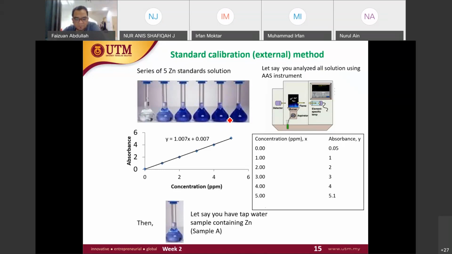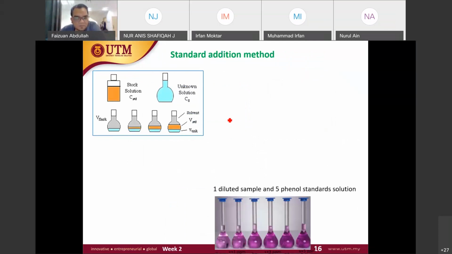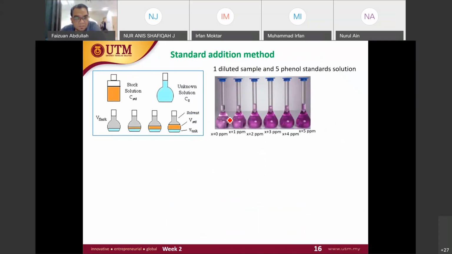And then, let's say you have a tap water sample containing zinc, sample A, right? This is the standard addition method. We have the unknown solution, the sample, and then we have the stock solution, the standard, with known concentration.